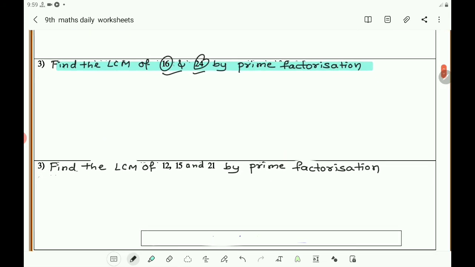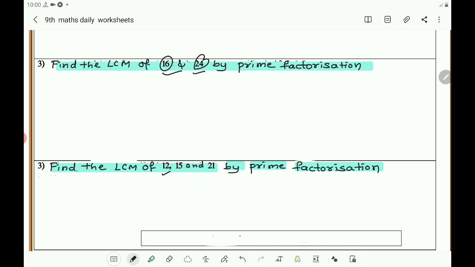The third one: find the LCM of 12, 15 and 21 by prime factorization. Here again, find the prime factors of 12.